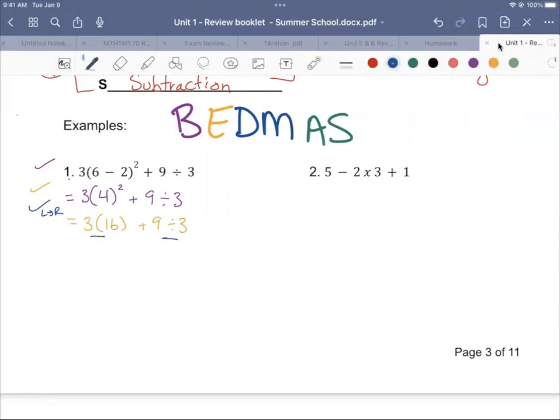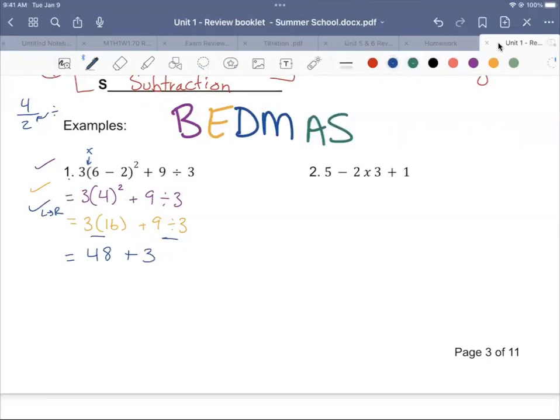Same thing as when you see something like 4 over 2, this is to divide, the same way that 2 brackets side by side is to multiply. It's just going to be 3 times 16 is 48 plus 9 divided by 3 is 3. Oops, that is supposed to be a 48.